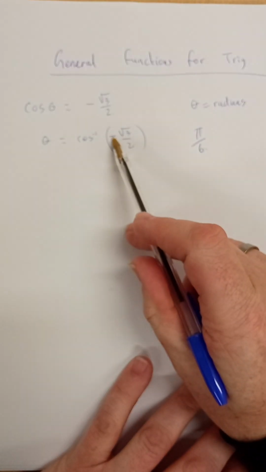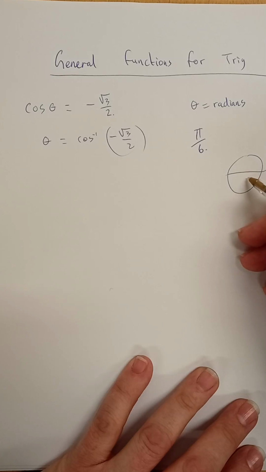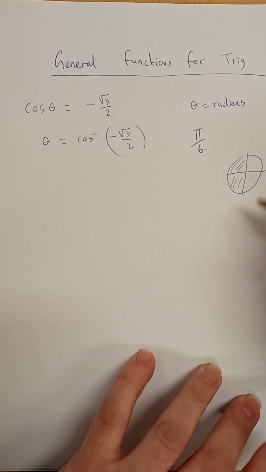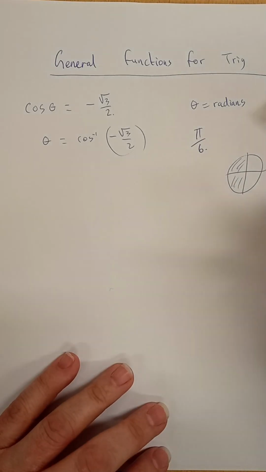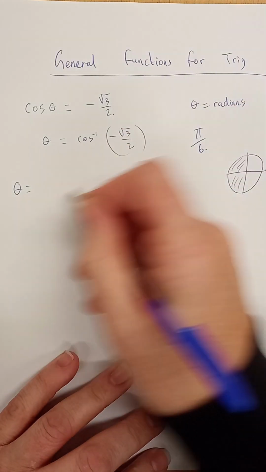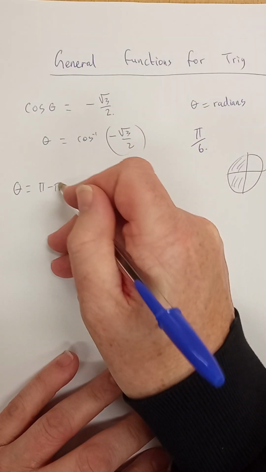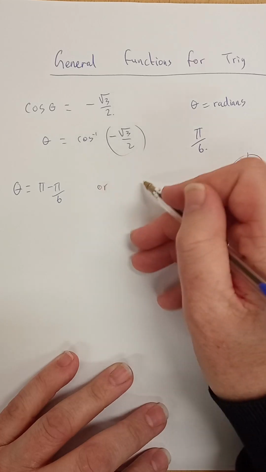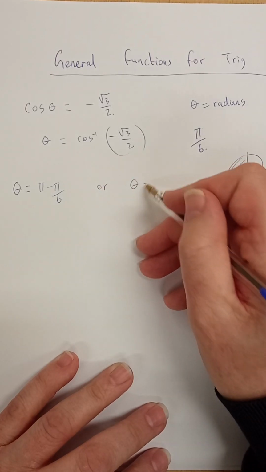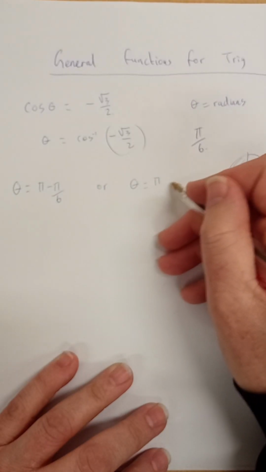So where is cos negative? It's negative in the second quadrant, and, remember, the third quadrant. So let's find the two angles we're actually looking for. So theta could be pi minus pi over 6, or it could be pi plus pi over 6.